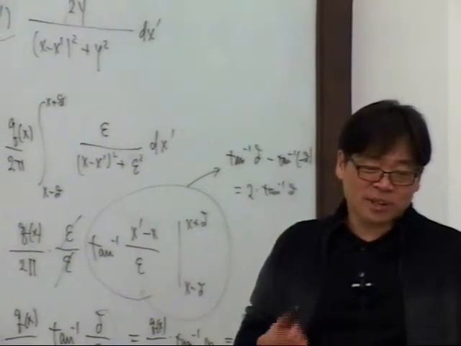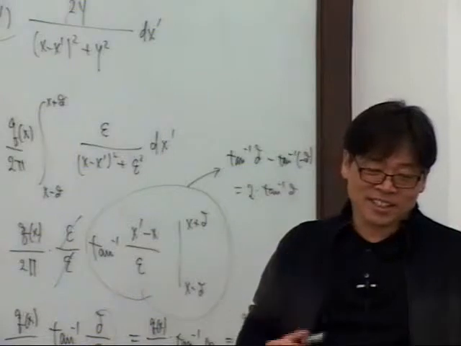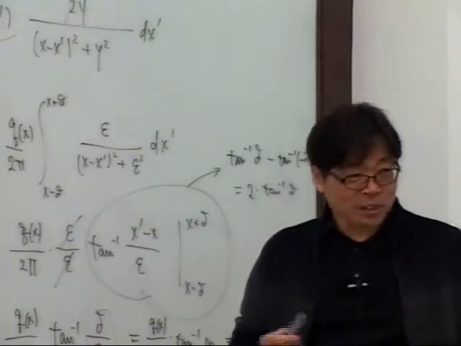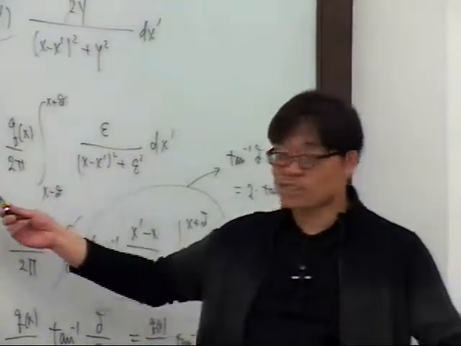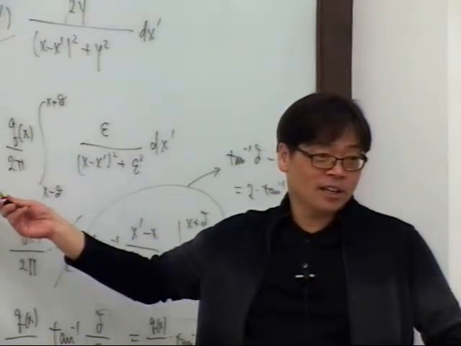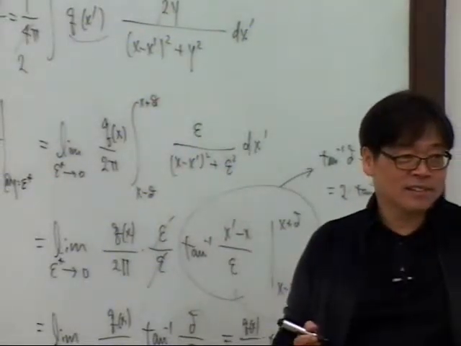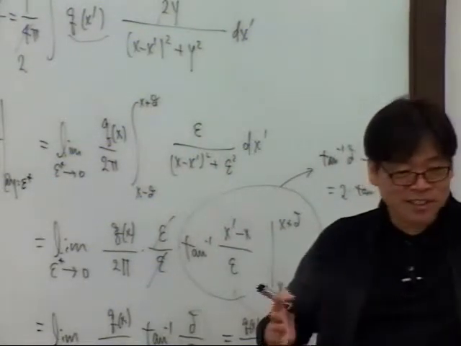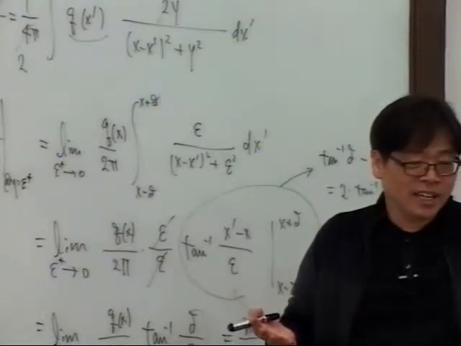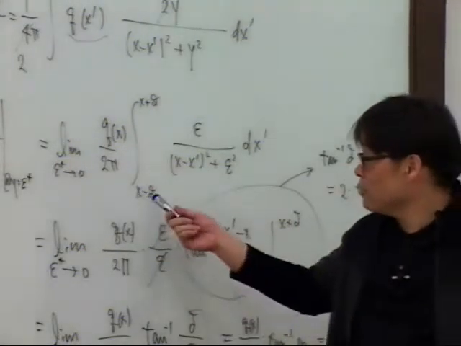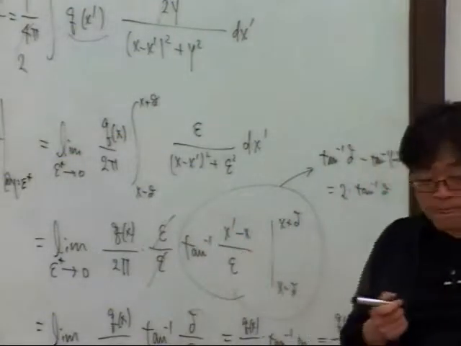So when you take the limit, you have to look carefully at what the real limit is that you want. In this case, this is the limit that I have to take. This is something arbitrary. But away from x, I wouldn't get any contribution anyway, so I have some flexibility for delta.